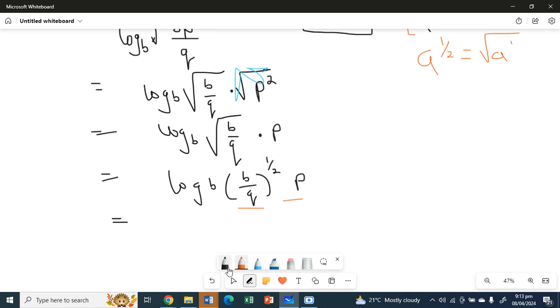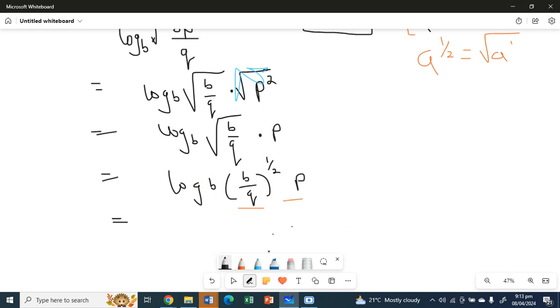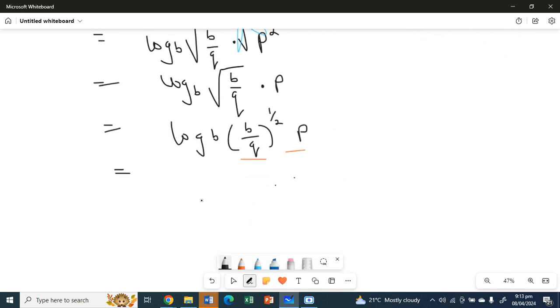So that becomes log base b of b over q to the power half plus log base b of p.